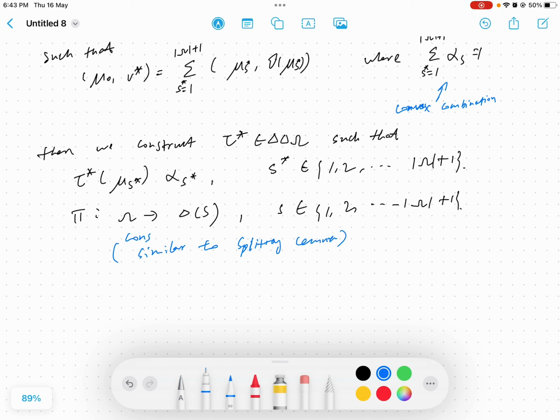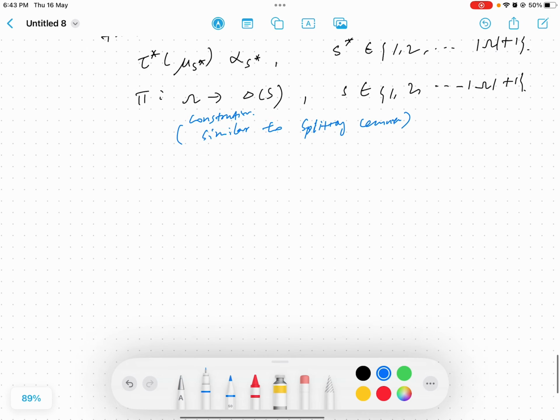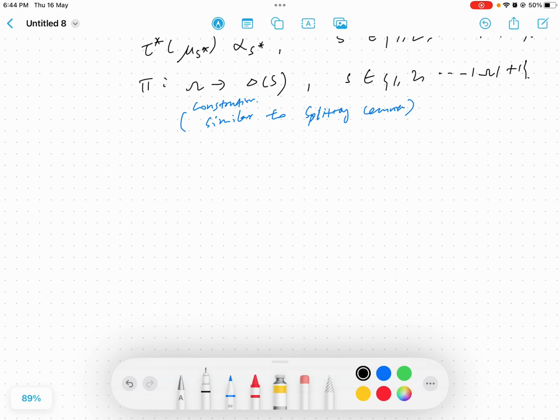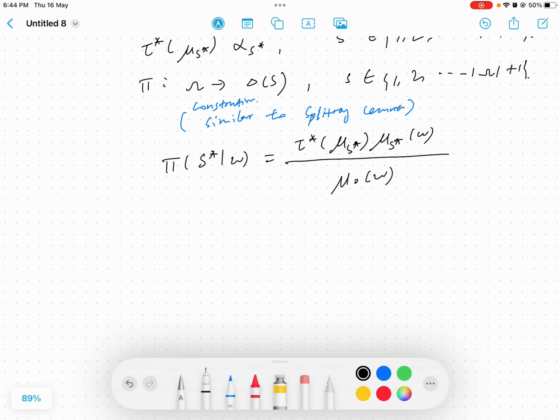Remember how we constructed that proof in the splitting lemma? Here we are doing the same thing. So this S star given omega is tau star of mu S star omega, divided by mu naught for the normalization.